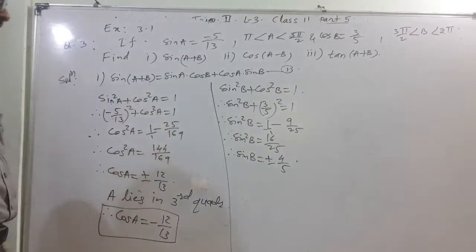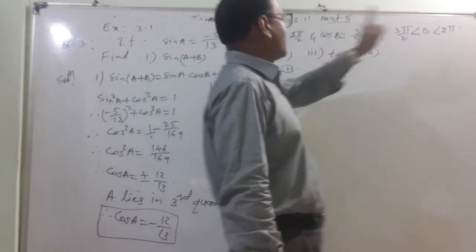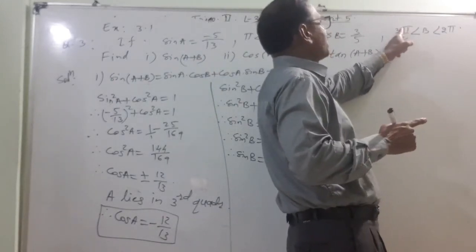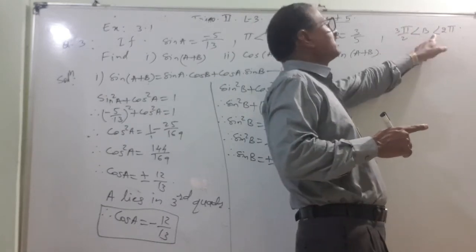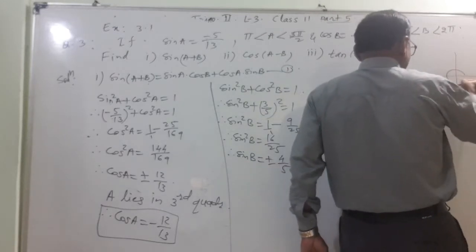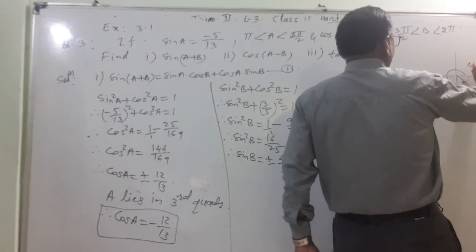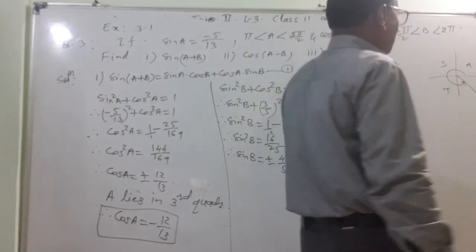Whether positive or negative I have to take, I have to see the quadrant. A lies is greater than 3 pi by 2 means 3 into 180 upon 2 is 270 and less than 360. So where it is lying? Here it is lying. Greater than 270 is the fourth quadrant. All students take coffee. Cos is positive.